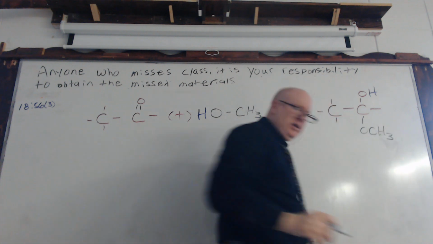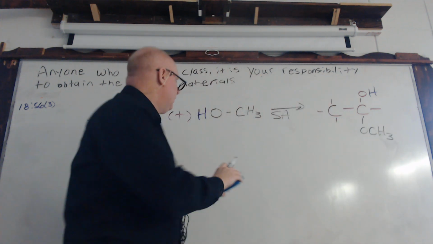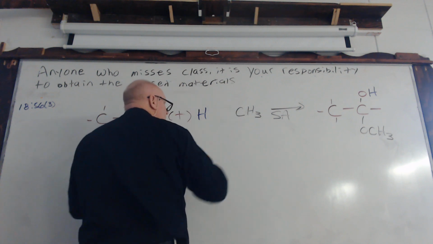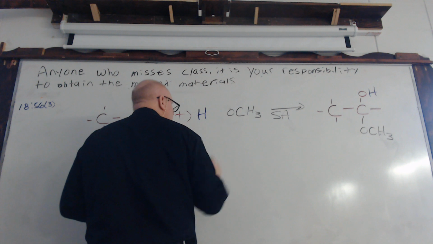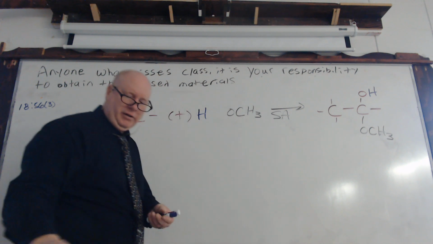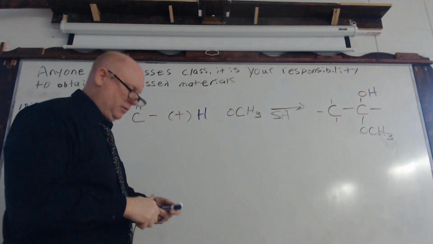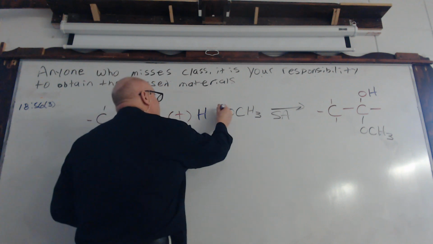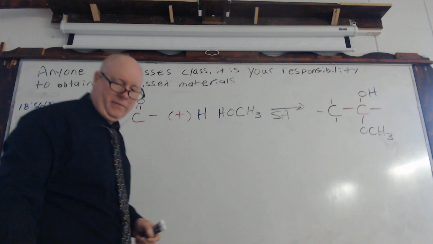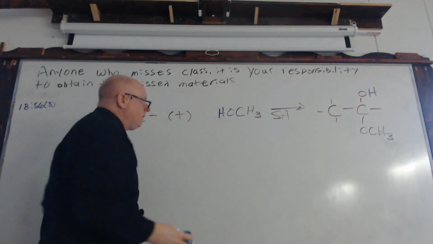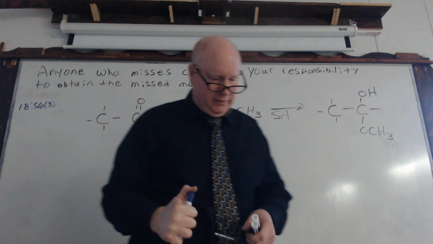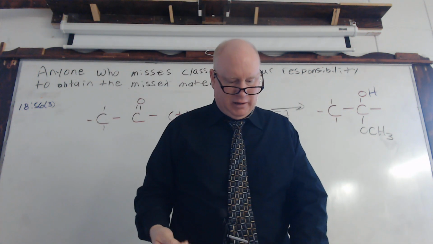And perhaps it makes more sense if I would have started here. We'll just put this O here, and then, of course, we know that that hydrogen is attached. Okay. Oh, now my hands are getting slippery. There. Okay. So now we've formed what we would consider a hemiacetal structure.